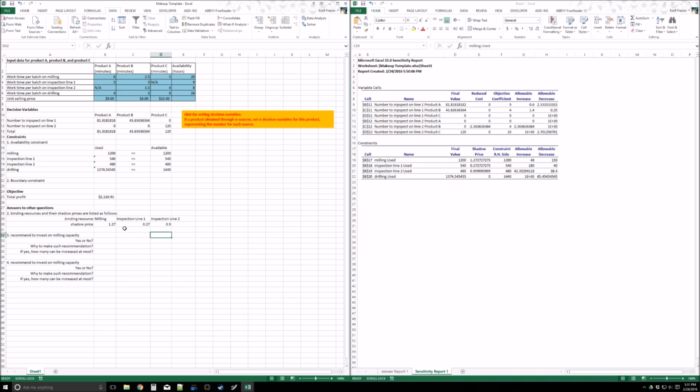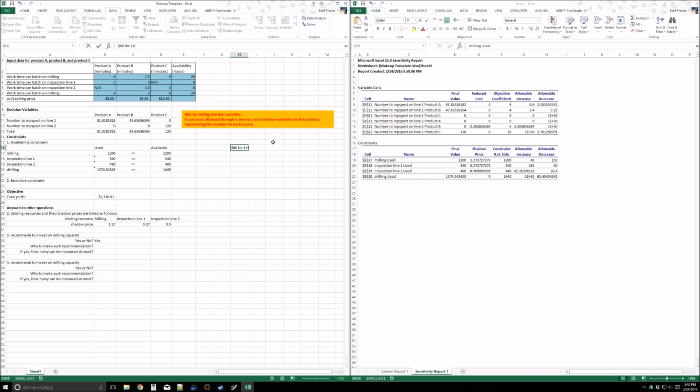And this is a part that I did struggle a bit with on the exam. So you want to make sure that your shadow price is how much you could be earning if the whole model was based on increasing beyond what it currently is.